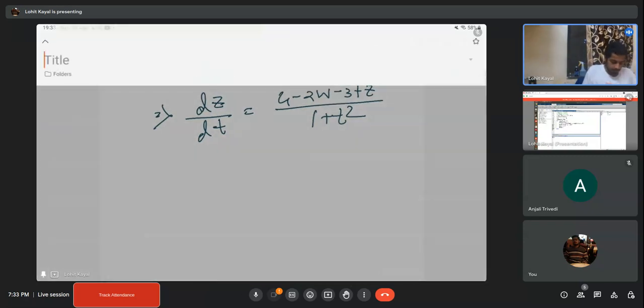Now this problem is related to a simple pendulum problem.